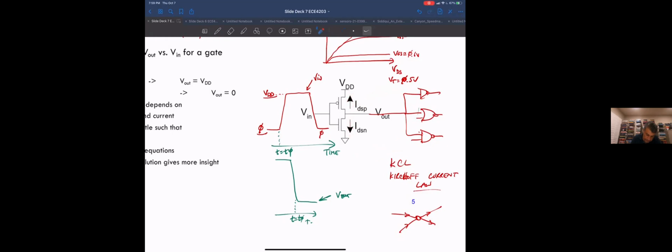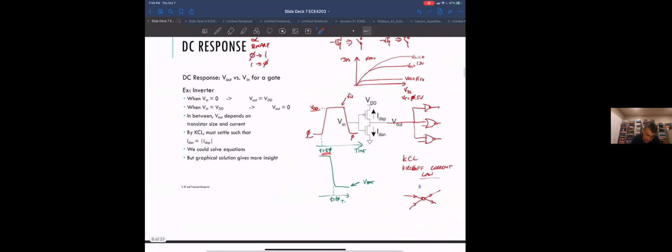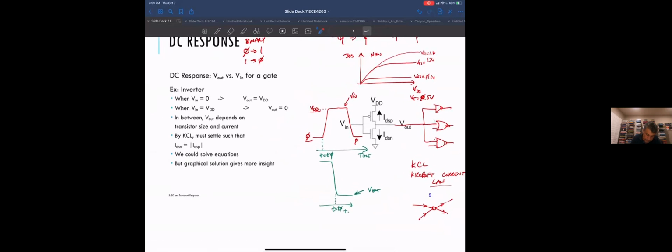So we're going to use that to figure out what this transient response looks like and what the transfer function looks like. Right now we're just going to look at the DC response, which means sweeping the input and seeing how the output changes with the input.